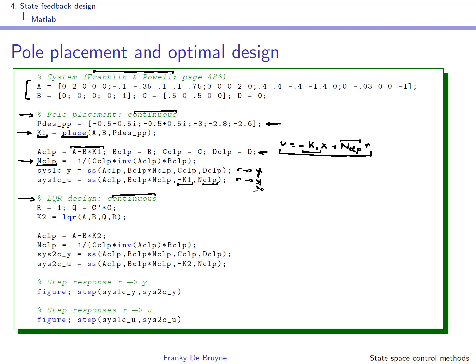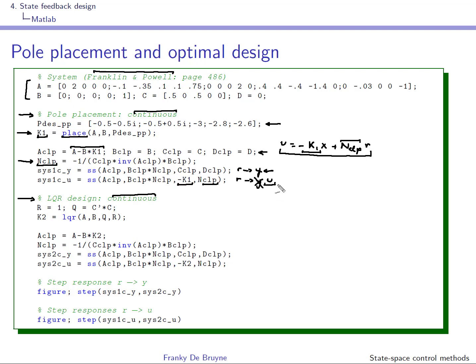This allows you to have a look at a step response, have the influence on Y. Here it's not Y, but it's U, of course, and also to look at the control energy. You should never look at a design without having a look at the control energy.